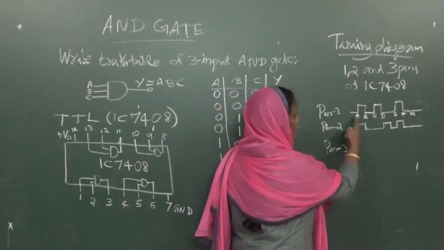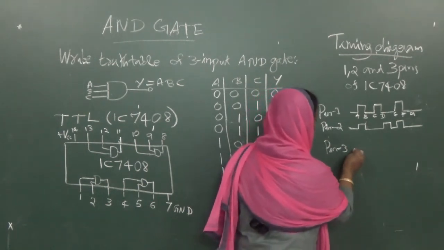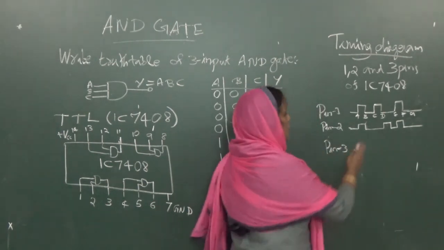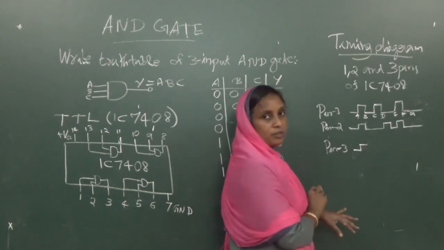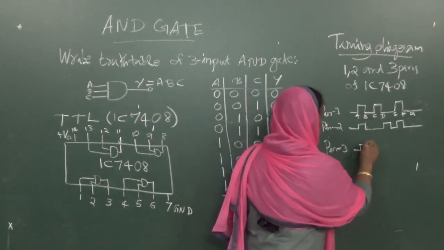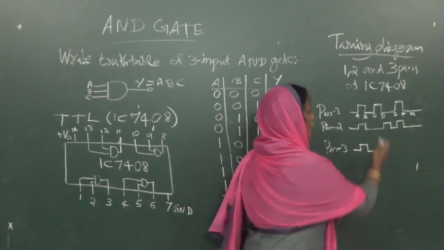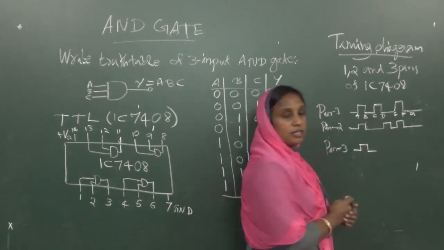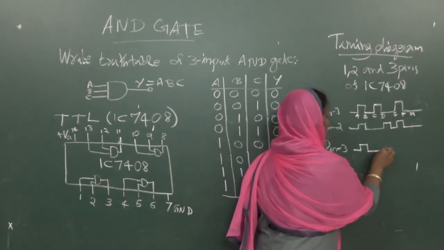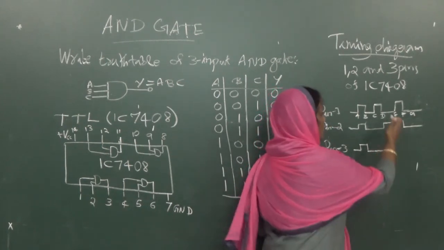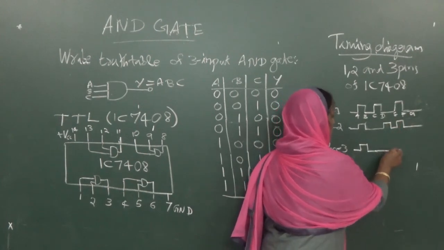Up to A, both signals are low, so you have low. Then both signals are high, so you have high. Then both are low, so you have low again up to C. Then you have 1 and 0, which means 0, low again. Then low and 1, so low again.